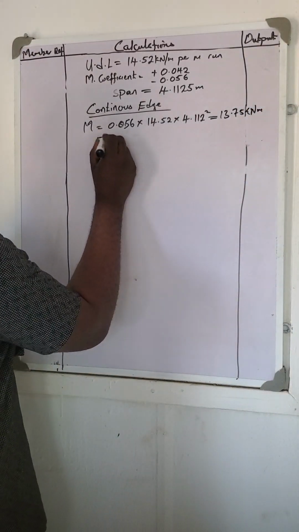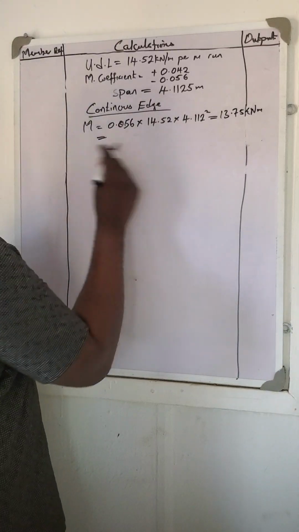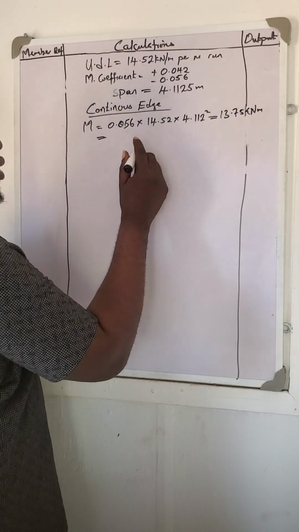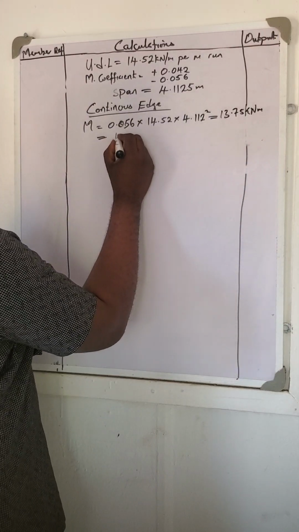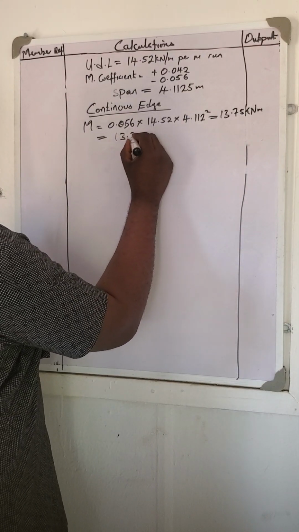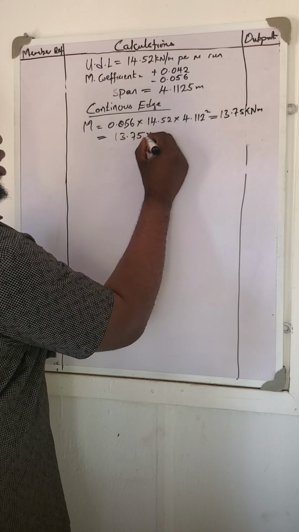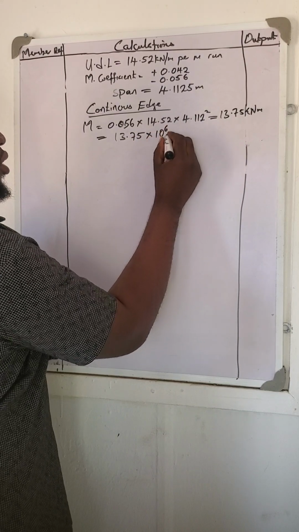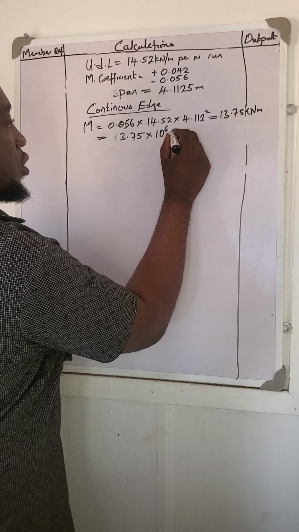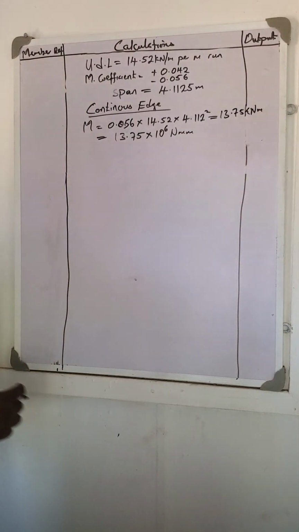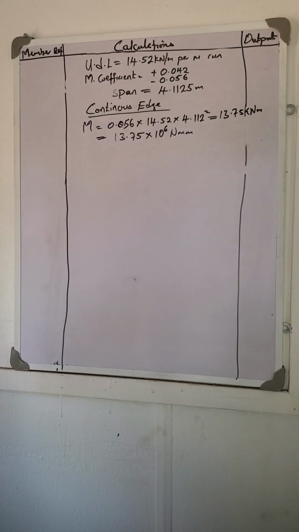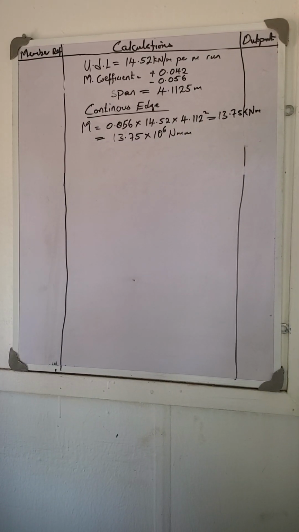So you convert to newton millimeter, and you are going to have 13.75 exponential 6 newton millimeter per millimeter run. All right, that's the value of your M.